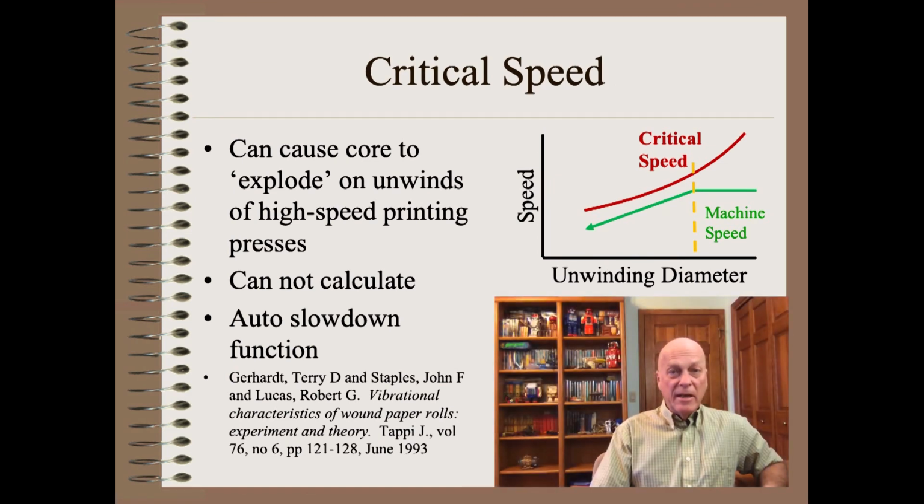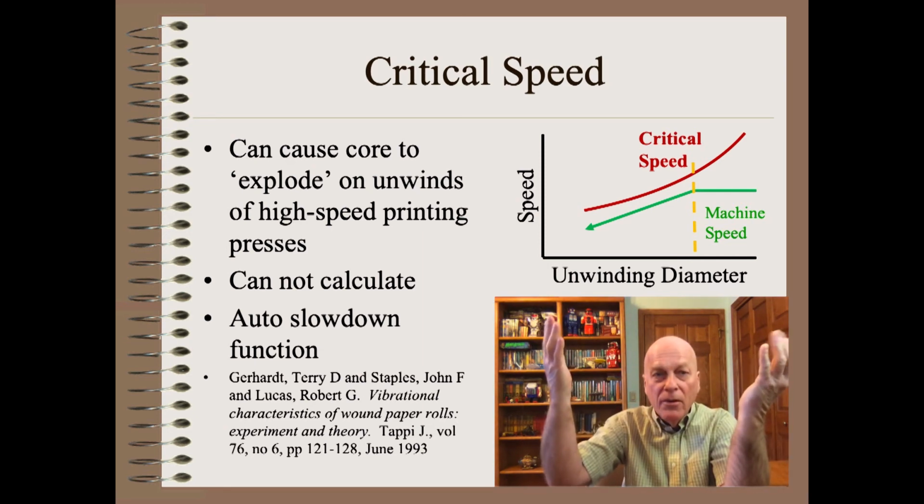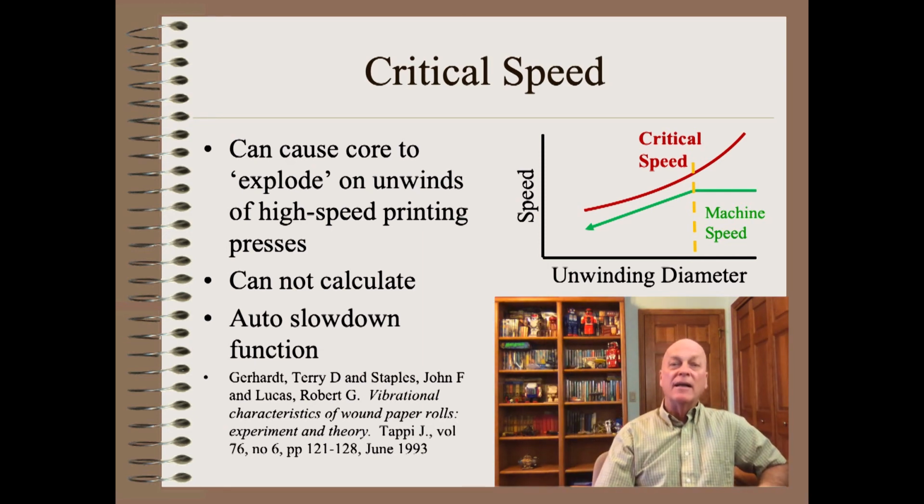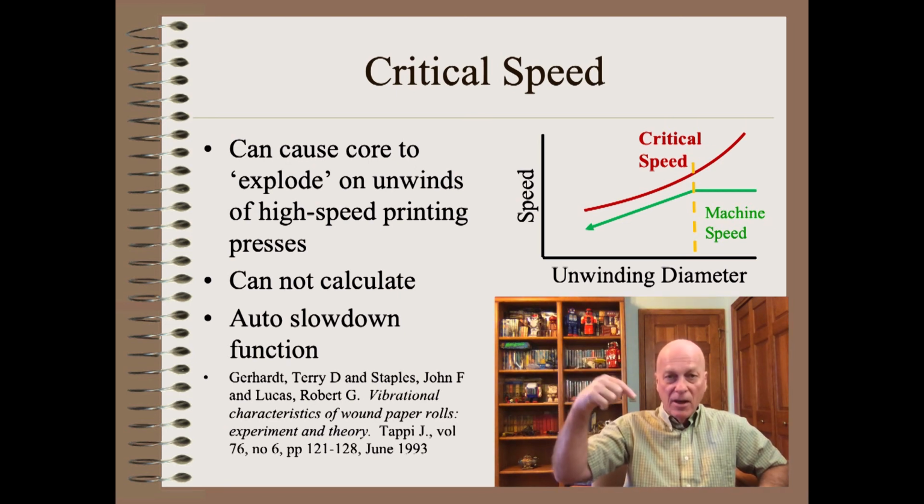For some high-speed applications, critical speed is, well, a critical factor. If you exceed that speed and the roller is poorly balanced, it can literally explode. However, if we cannot calculate deflection, we can certainly not calculate critical speed, which is even more complicated due to unwind structural flexibility. Thus, an auto slowdown circuit must be used for safe operation.